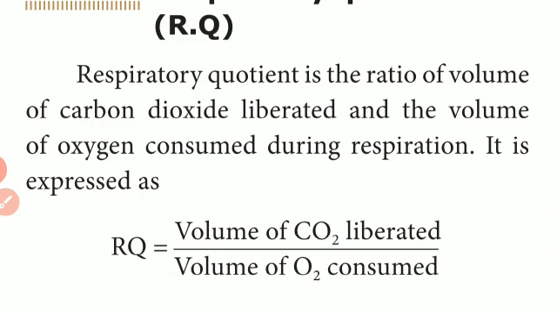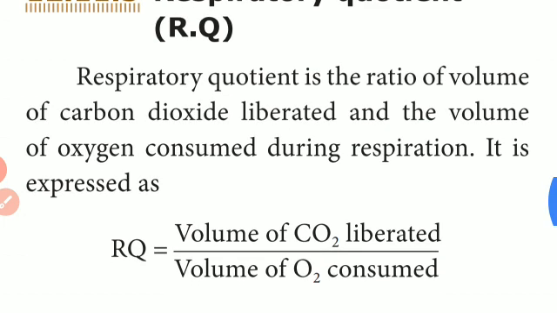So today we studied the different types of respiration. One is aerobic respiration, another one is anaerobic respiration. In aerobic respiration there are three stages. Aerobic respiration is called cellular respiration. Glycolysis is the first stage of aerobic respiration. Very simply, glucose is converted into 2 pyruvic acid.